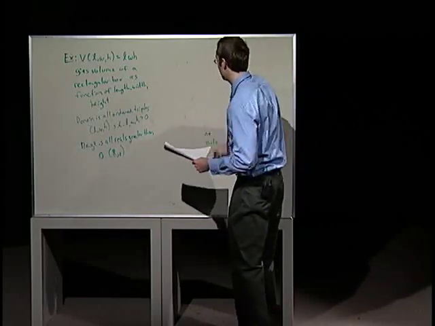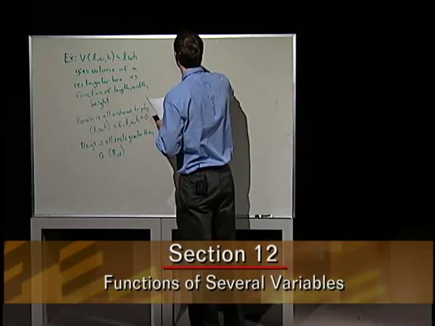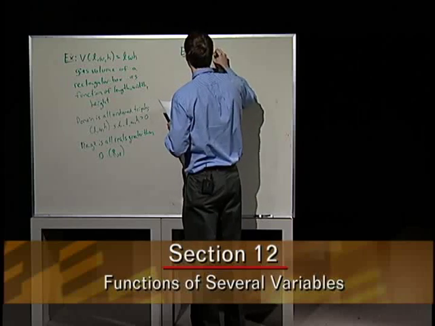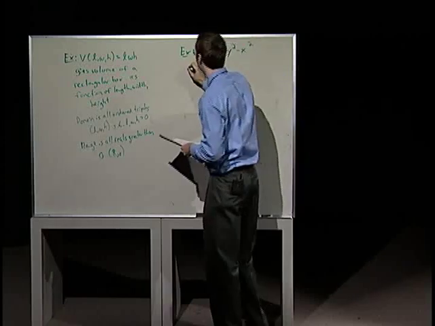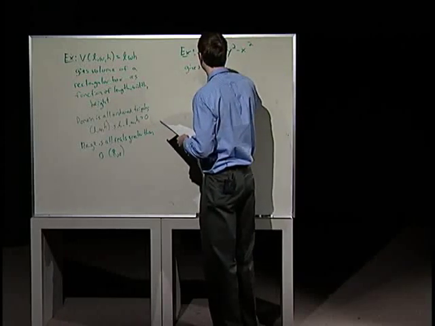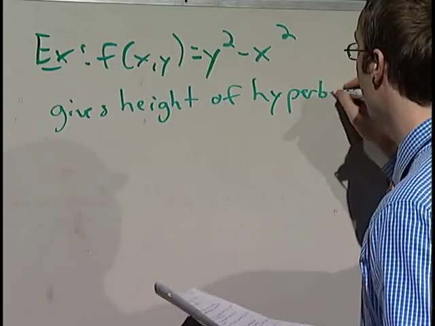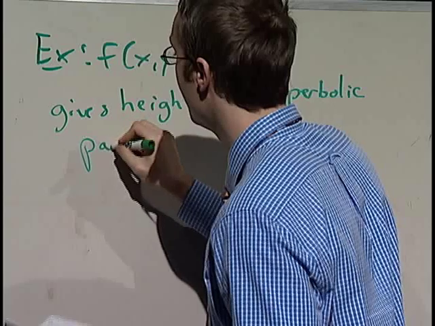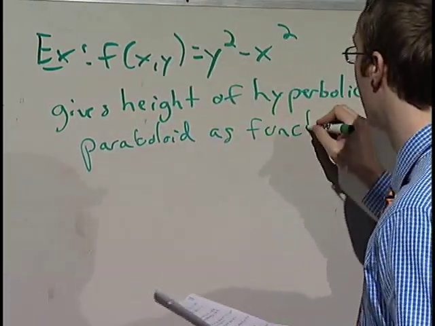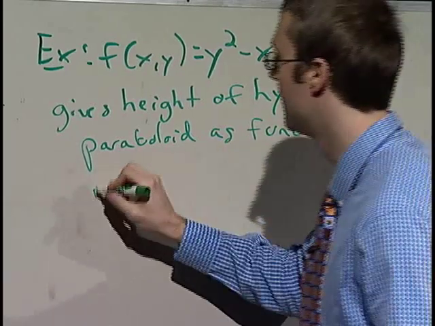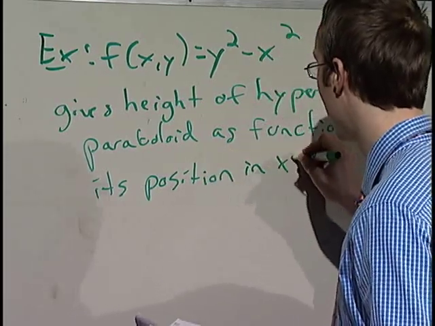So more typically, we care about a certain surface in space. So maybe we have f of x, y equals y squared minus x squared. Recognize that as a hyperbolic paraboloid. So this gives the height of the hyperbolic paraboloid as a function of its position in the xy plane, right?